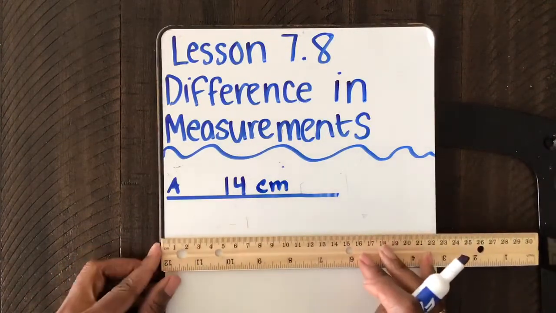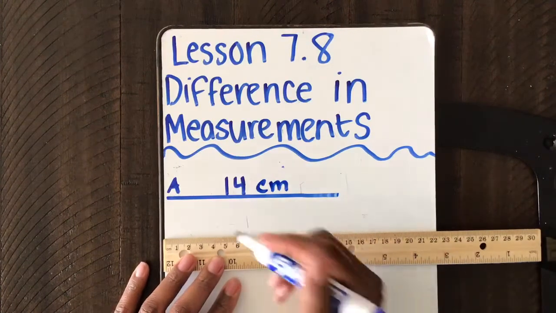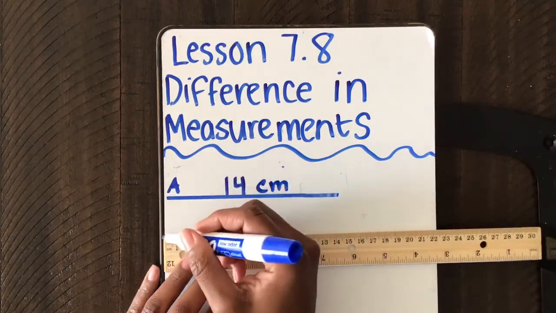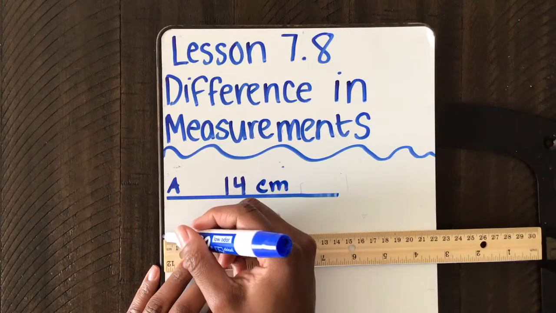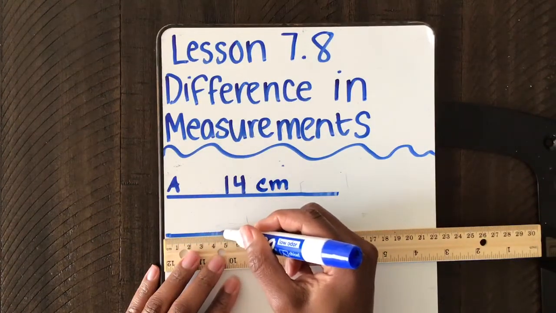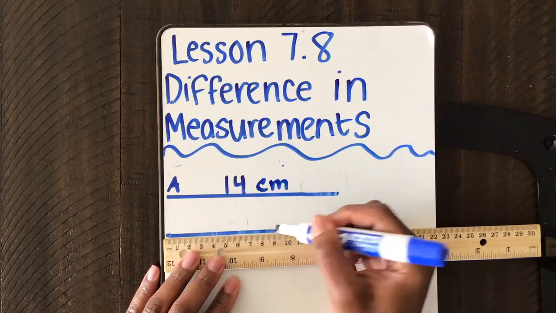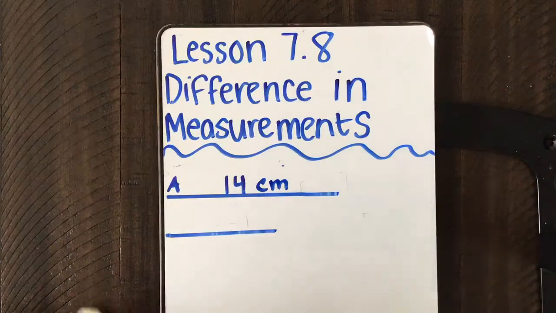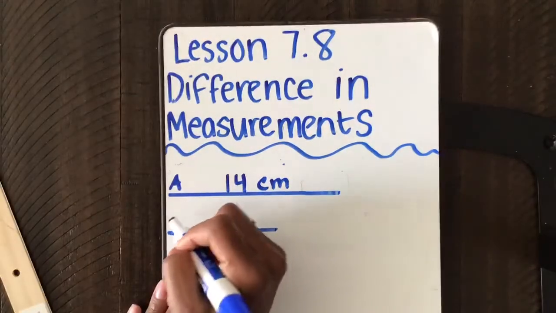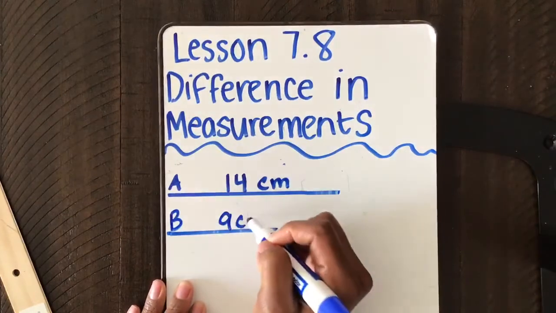Then I'm going to draw another line right below it. And I'm going to stop at 9 centimeters. This is going to be line B, and line B is 9 centimeters.